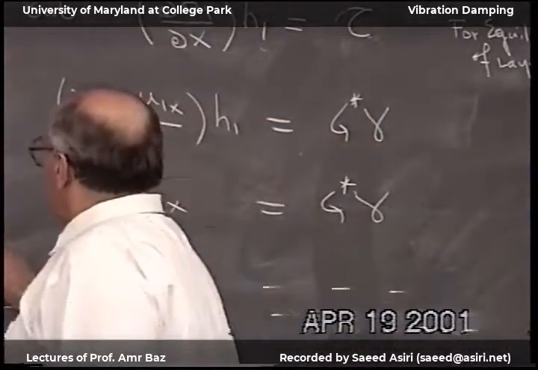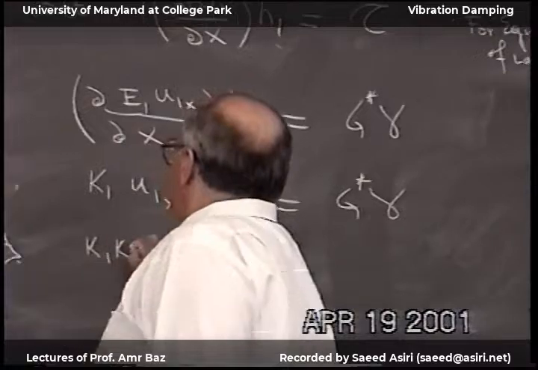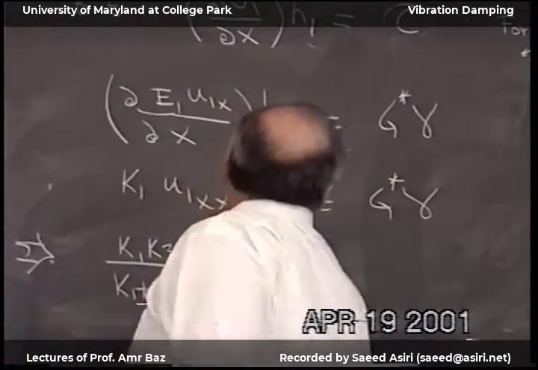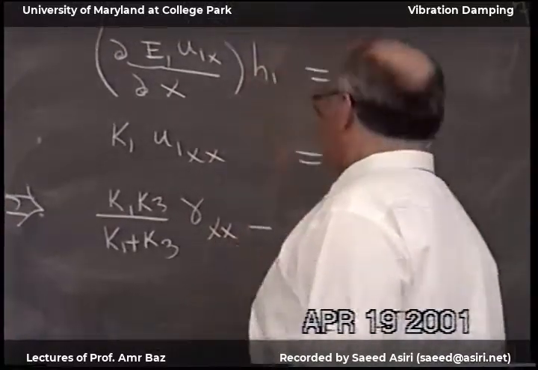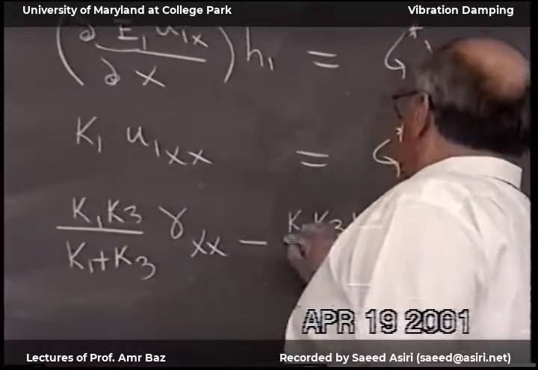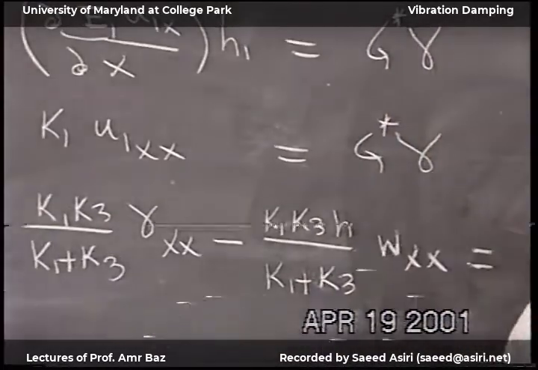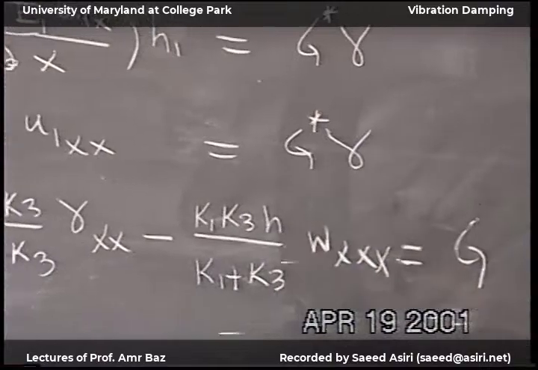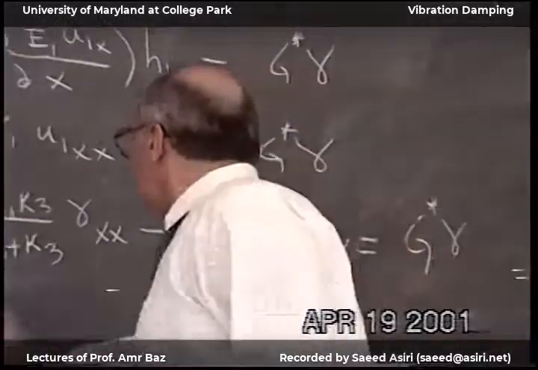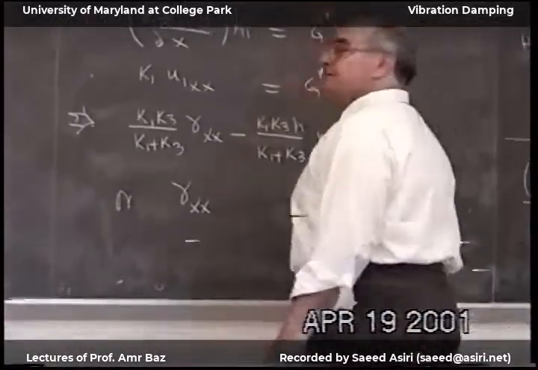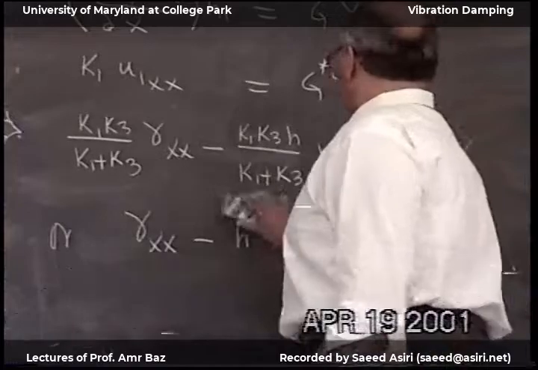Then we have now K1 K3 over K1 plus K3 gamma XX minus K1 K3 H over K1 plus K3 WXX is equal to G prime and gamma, or gamma X will equal to H, sorry, bring this here.